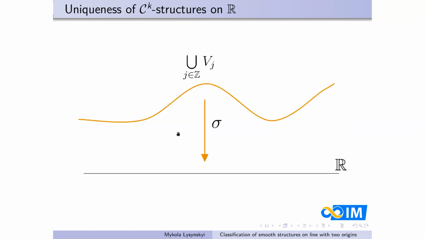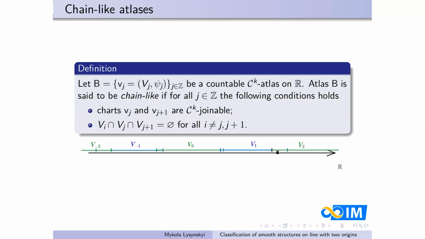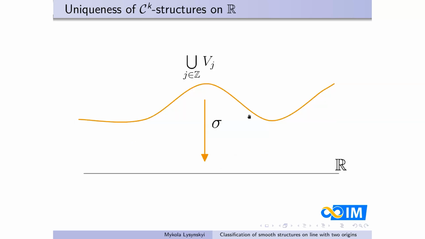Shortly, the uniqueness of C^k structures on R can be quite easily proved. We just utilize induction. Suppose we join chart V_0 with chart V_1. We obtain a new chart, which we call sigma_{0,1}. Then we join this chart to V_{-1}, et cetera. In the end, we obtain a single chart, and by the construction, sigma is also a diffeomorphism.